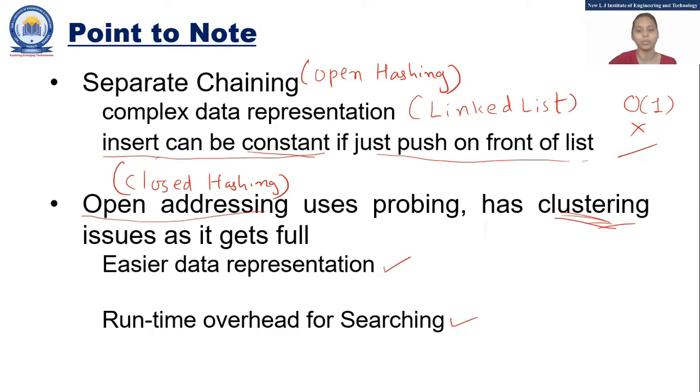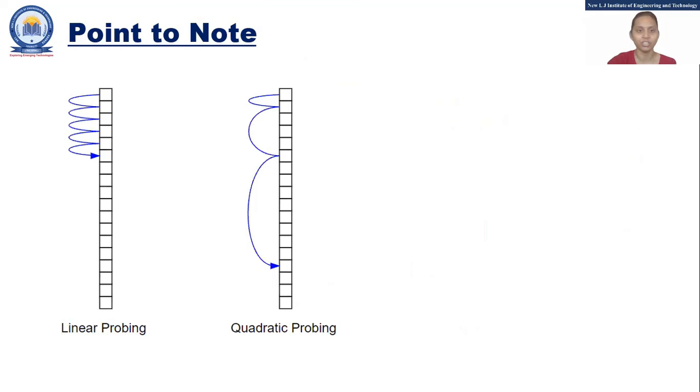So data representation is also simple. It requires less memory, because for separate chaining we require extra memory to store the linked list. For storage of extra blocks, we require the extra memory, but here we are using the same hash table, so less memory compared to separate chaining, in closed hashing. Yes or no?